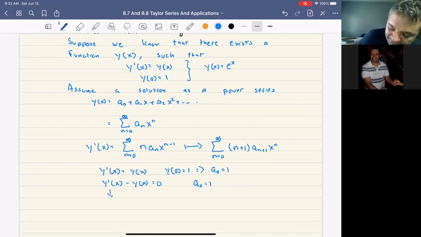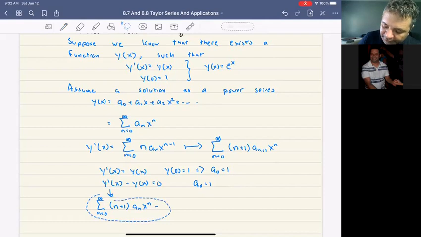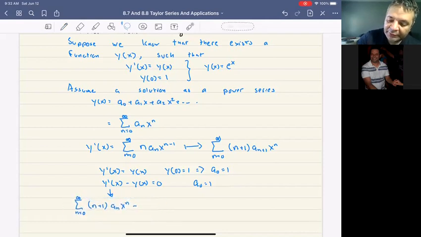Okay, so now we're going to write the terms, the series. So this is the sum, or the series, n goes from 0 to infinity, n plus 1, a sub n, x to the n, minus, let me move this just a little bit, our y is here, n goes from 0 to infinity, a sub n, x to the n.